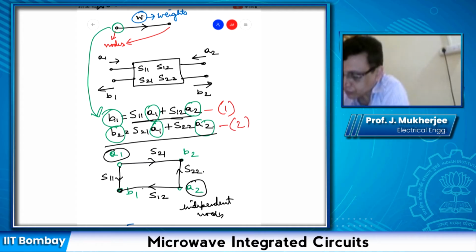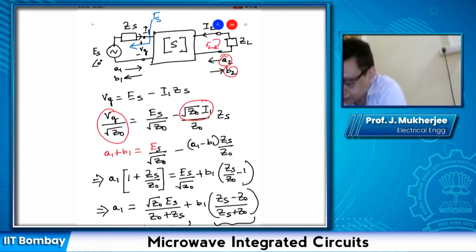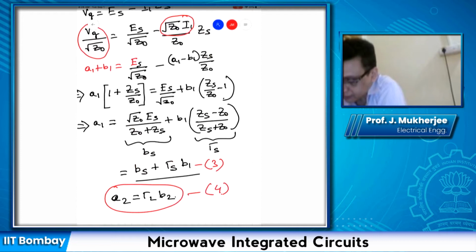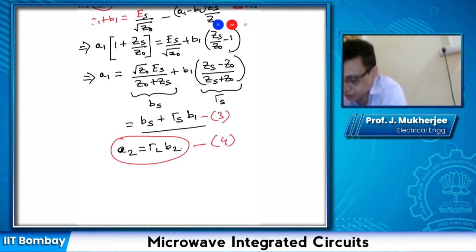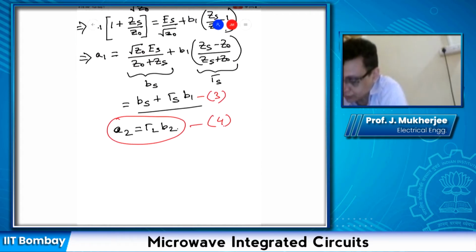This is equation 2. So now, as you can see, this also represents a signal flow graph like structure. So let me draw the whole signal flow graph with now these two additional equations.